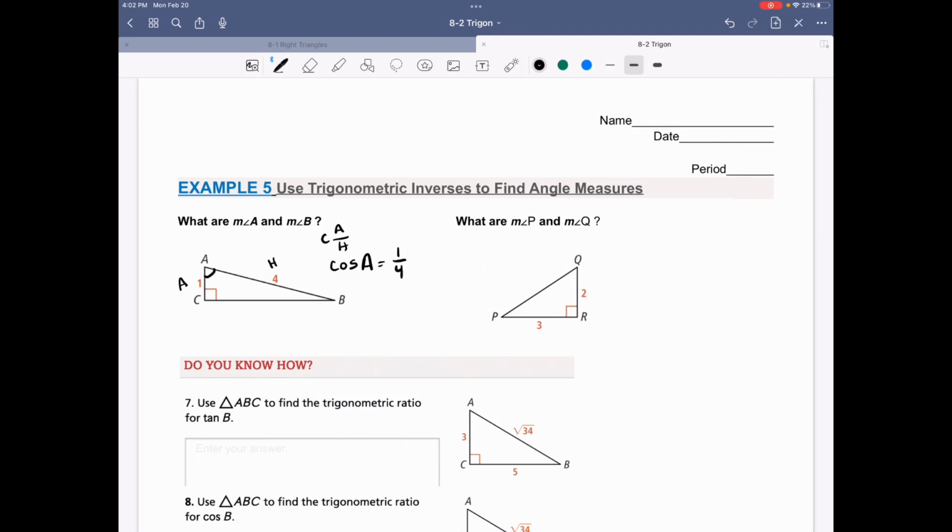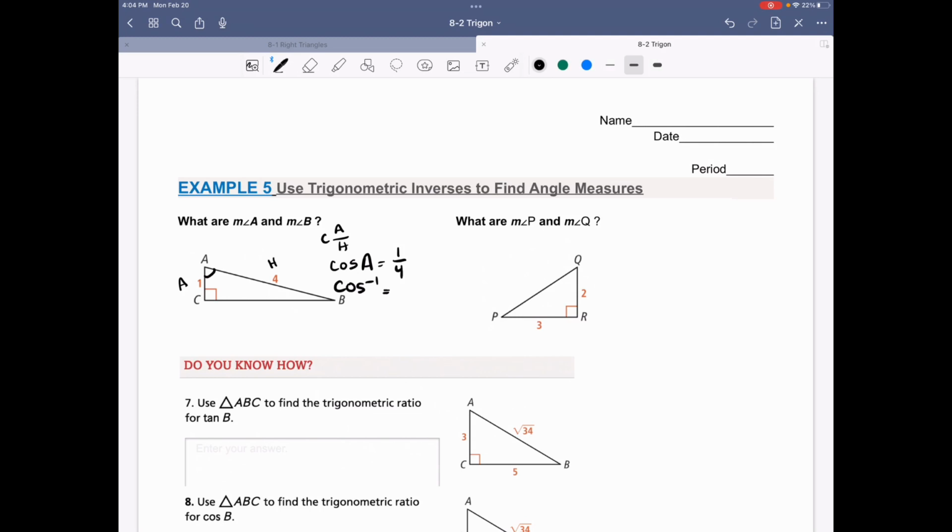Now to figure out what the angle is, I have to use the calculator, and so in my calculator I will use the inverse, which I believe on your calculators looks like this with a little 1, and you may have to use a function to do that.